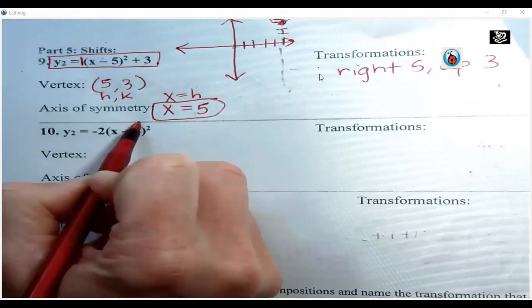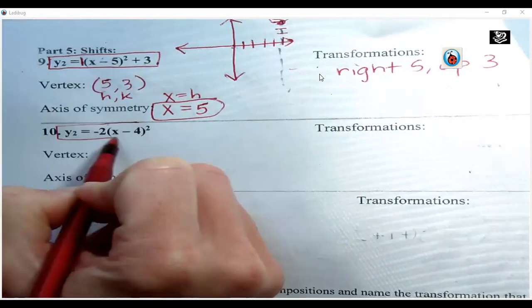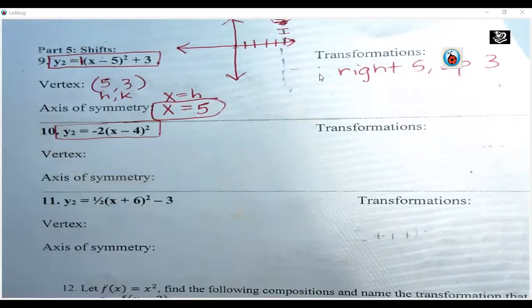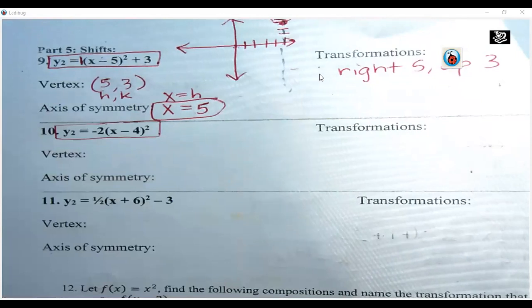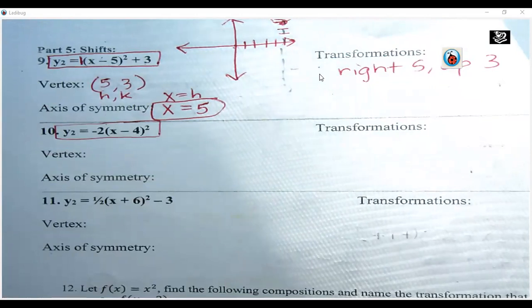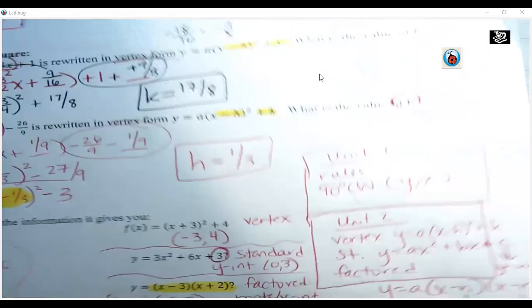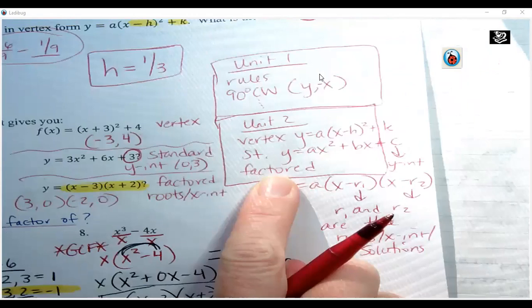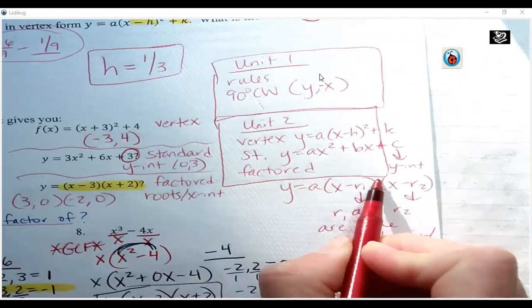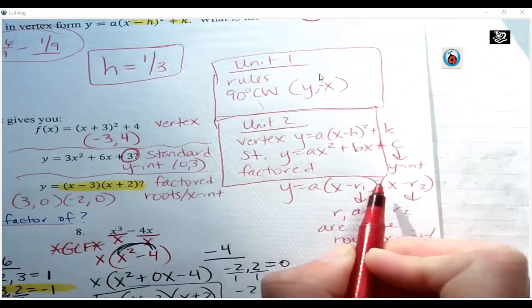What form is this one in? Factored form. Still vertex because you have a parenthesis squared. So factored form has no squares in it.